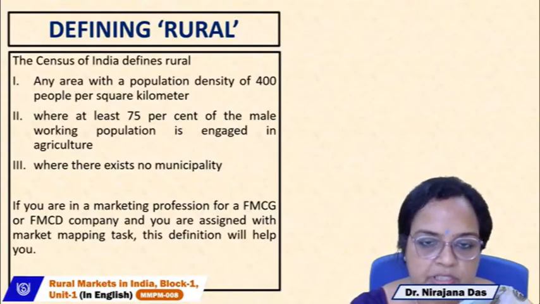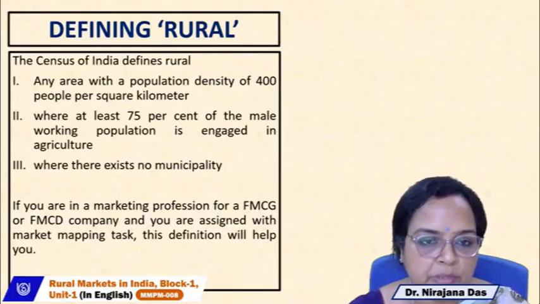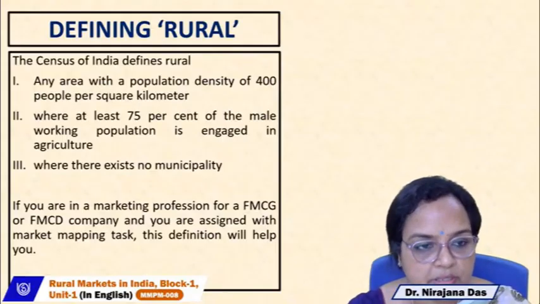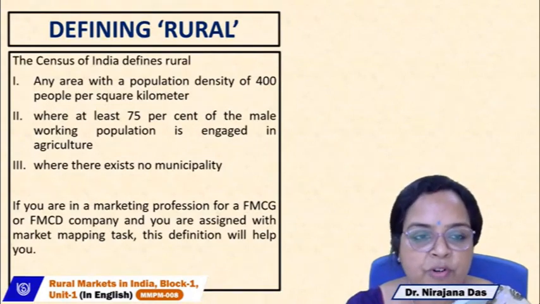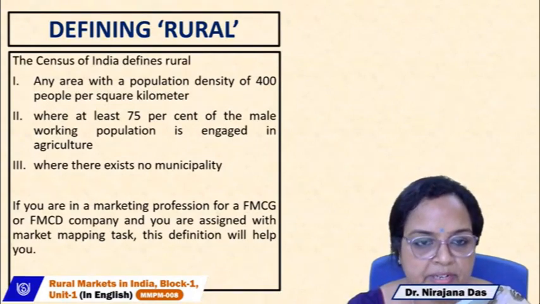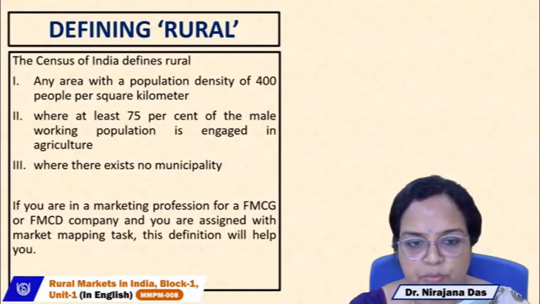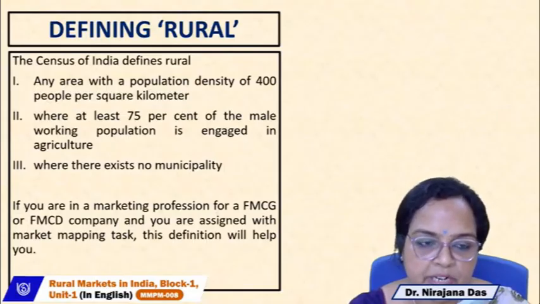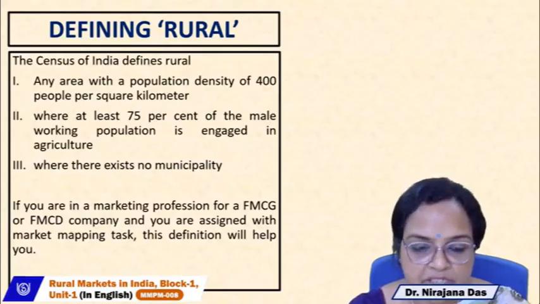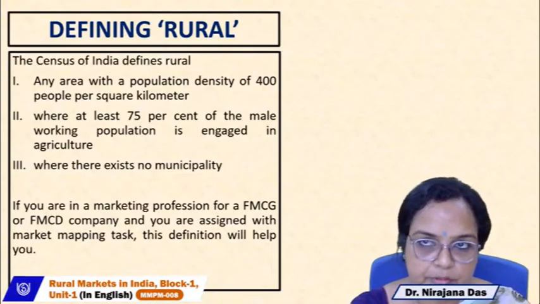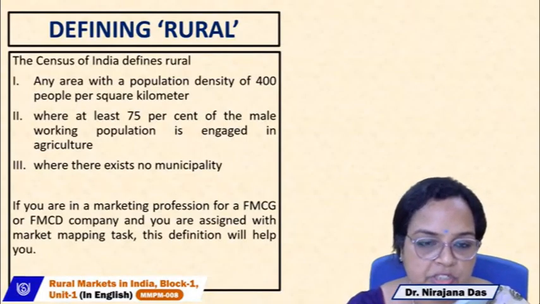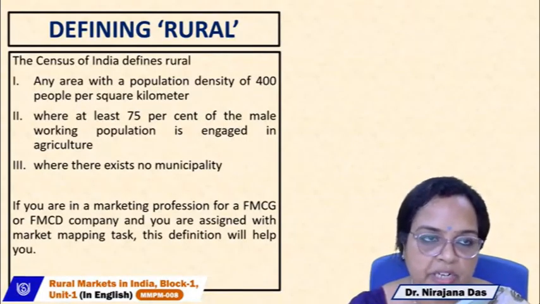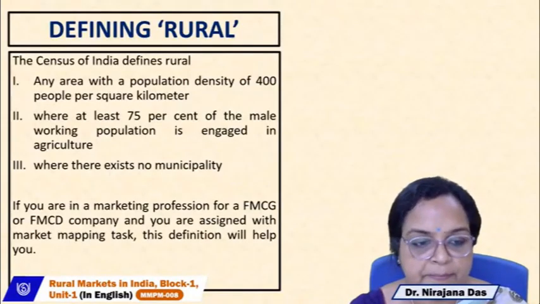In an area having 400 people per square kilometer, 75% of the male working population must be engaged in agriculture, or have a source of income from agriculture. There should not be any municipality or any kind of structured administration there. If these three points are satisfied, the Census of India has defined it as a rural belt.